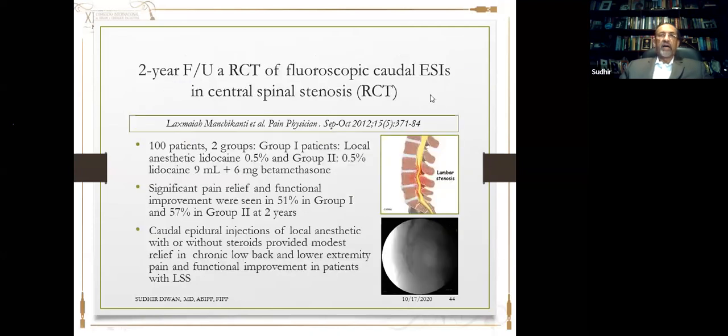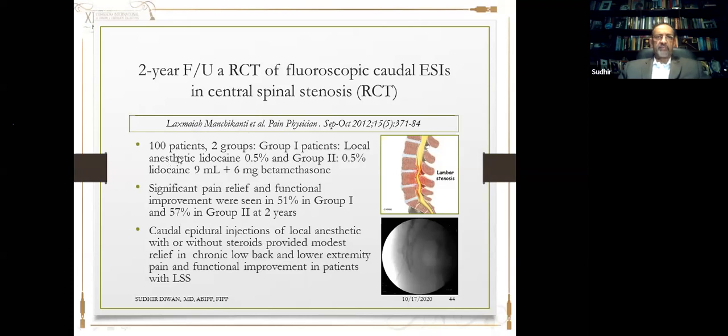This is another study where the stenosis is very severe, and you cannot get into the transforaminal space because of foraminal stenosis, or the interlaminar space because of overlapping of the lamina. Then you can do a caudal epidural, and caudal epidural is very, very effective. Also, this is an RCT published in Pain Physician. The lead author is Dr. Manchikanti, who is chairman of ASIPP.